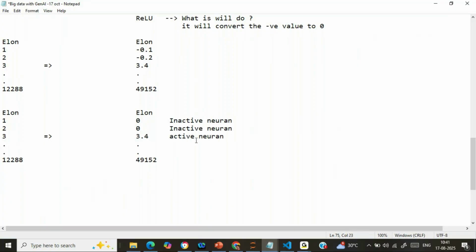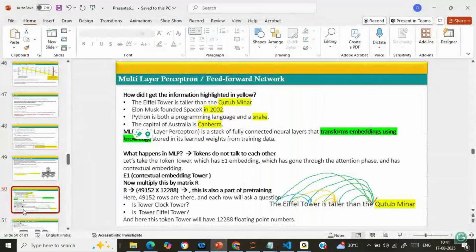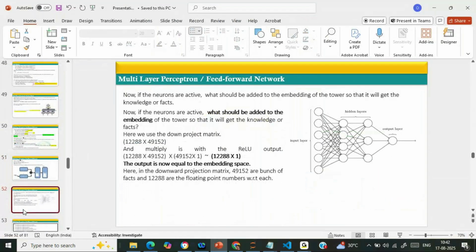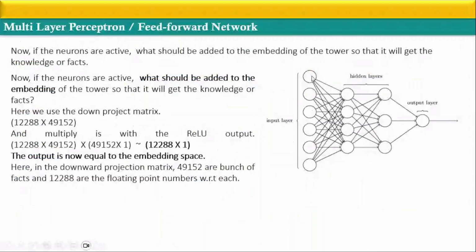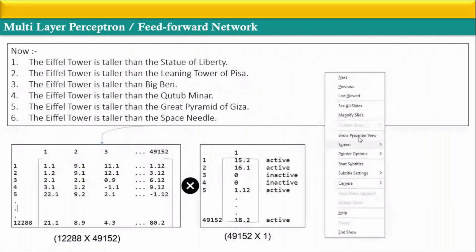The values which are higher positive numbers are considered for further calculation, and the inactive neurons, the values which are 0, will not be considered for the next step. You can see this in this particular diagram. This is an example of a neural network.